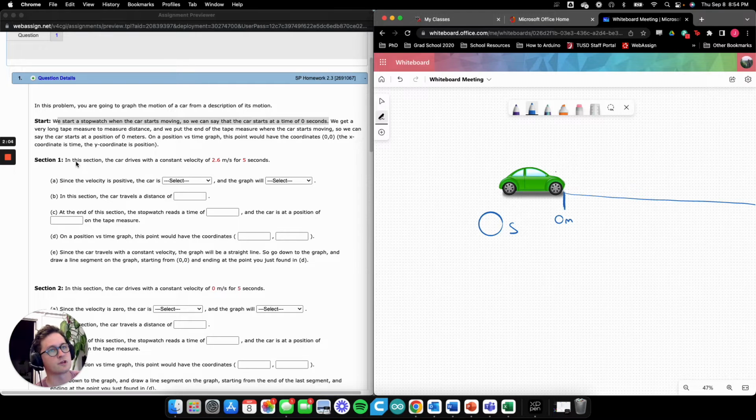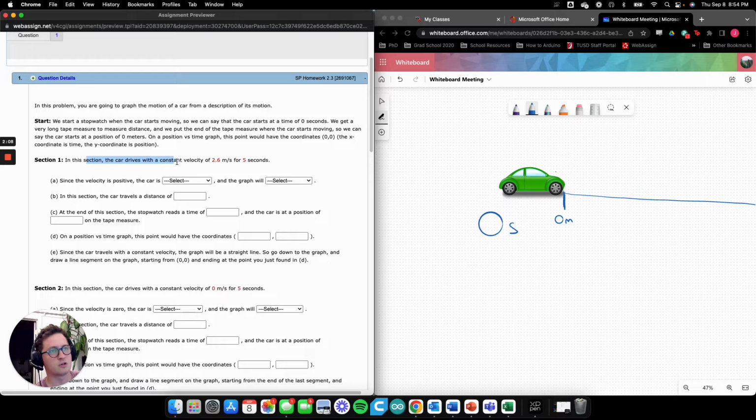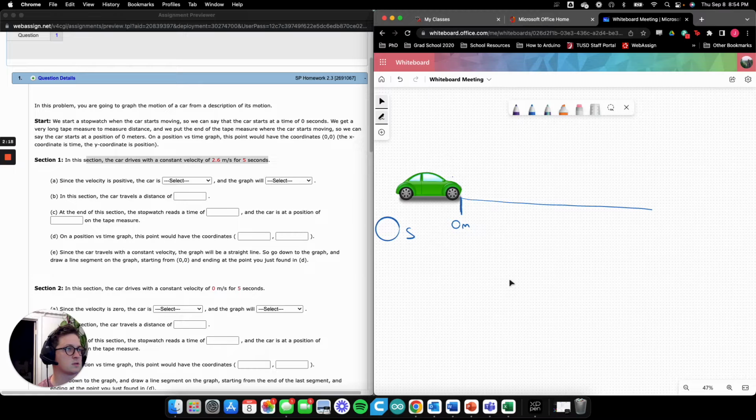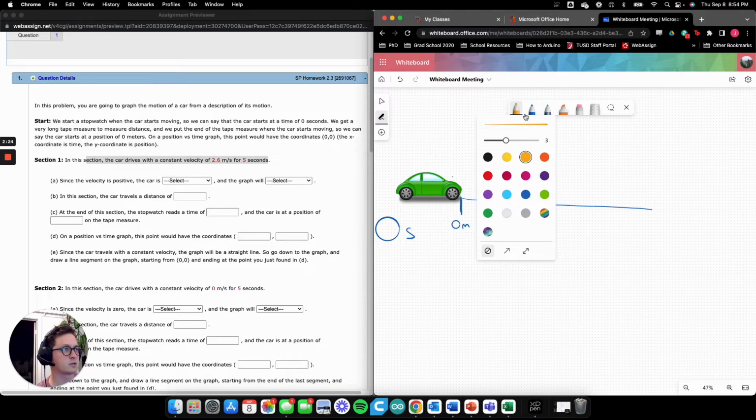So, in section 1, the car drives with a constant velocity of 2.6 meters per second for 5 seconds. Okay, so the car is going to move in the right direction.